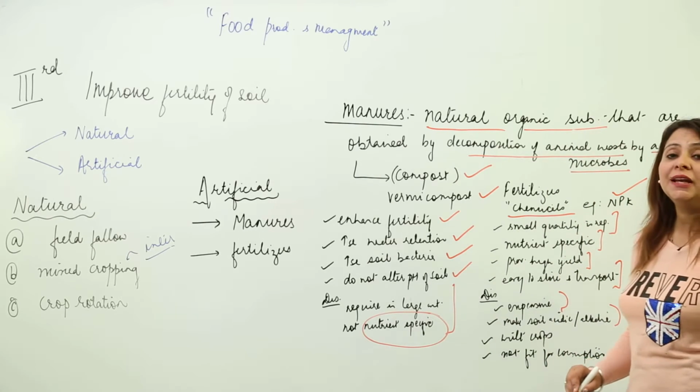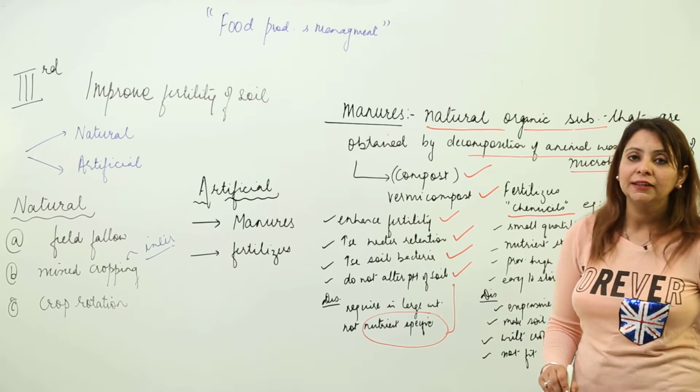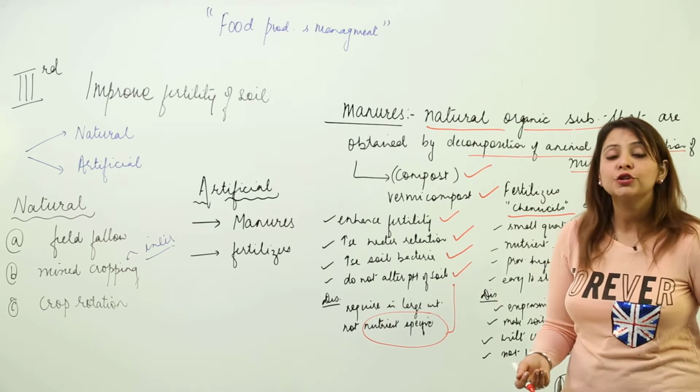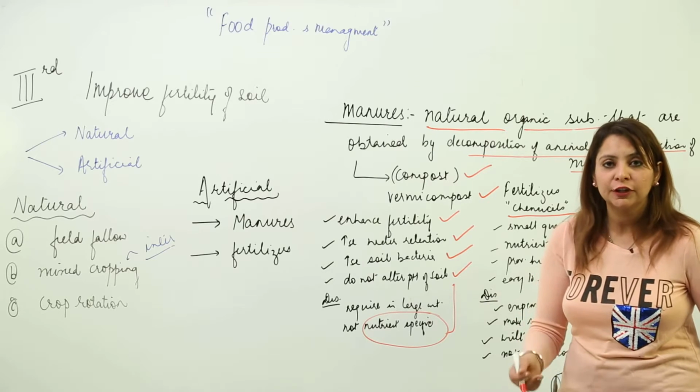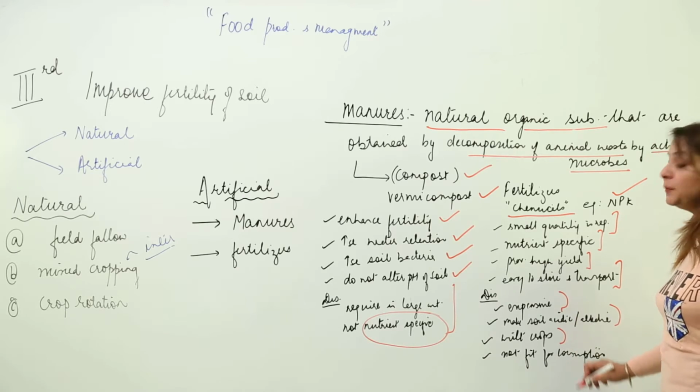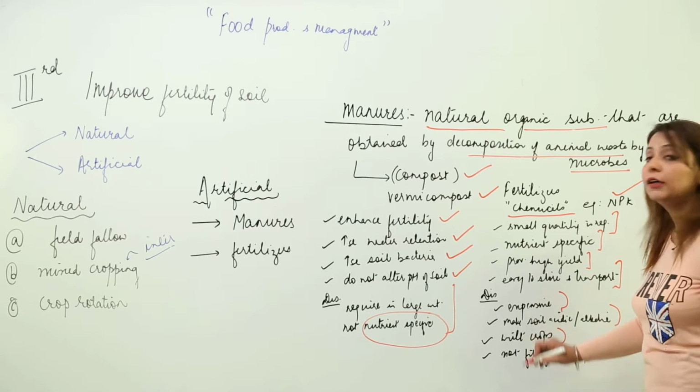Secondly, they can make the soil acidic or alkaline. If we use too much fertilizer, they can alter the pH, which is not a good thing because the plants will suffer, the growth of plants will be retarded. Third, sometimes excess fertilizer wilts the crops also.